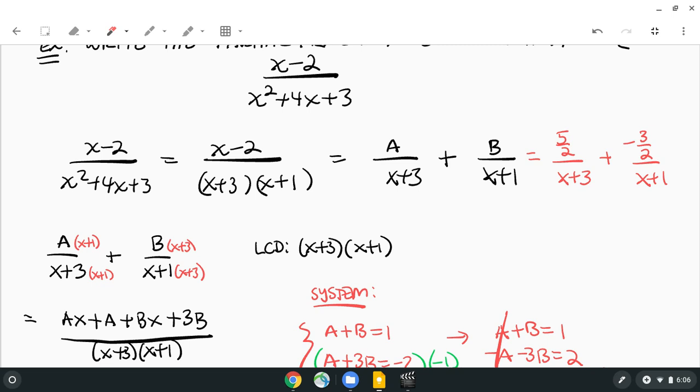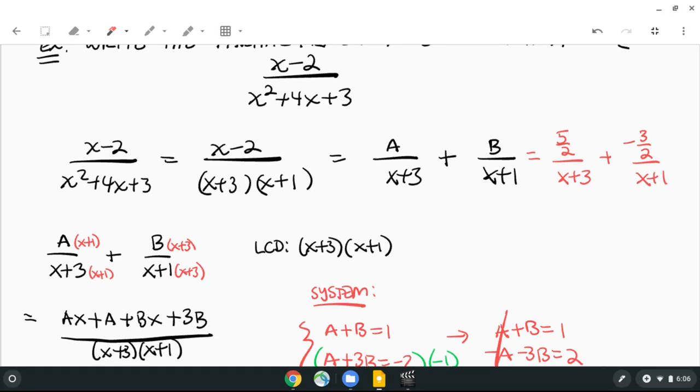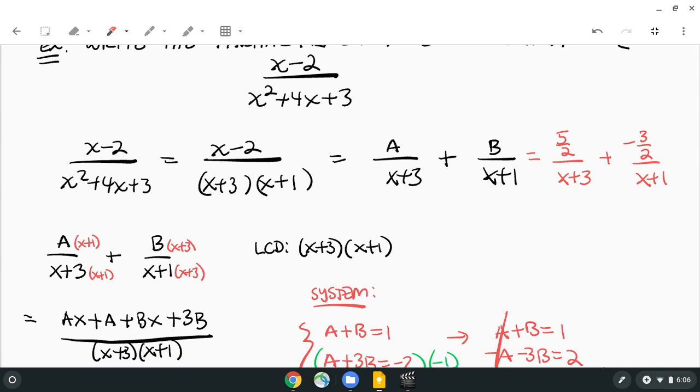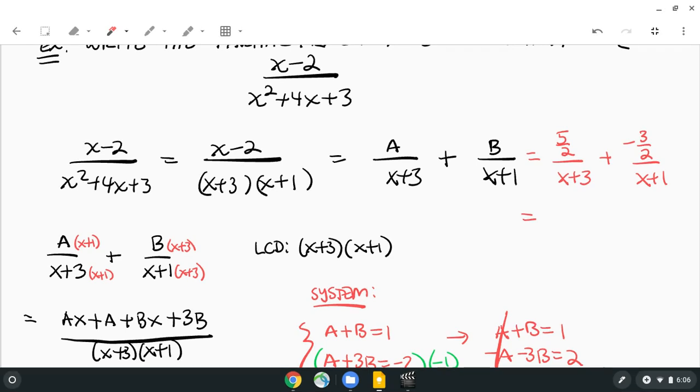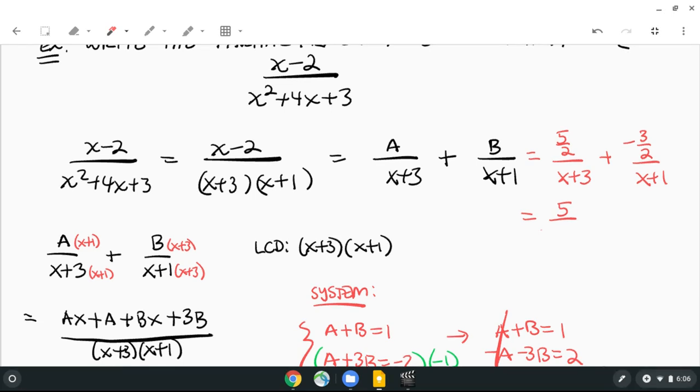Okay, but that's messy looking, so don't leave it like that. Bring those denominators, those halves, down. So it's going to be 5 over 2 times x plus 3.